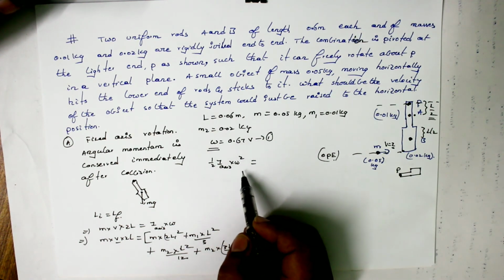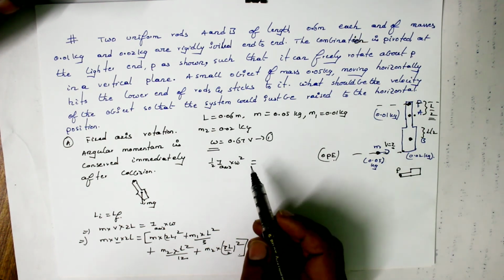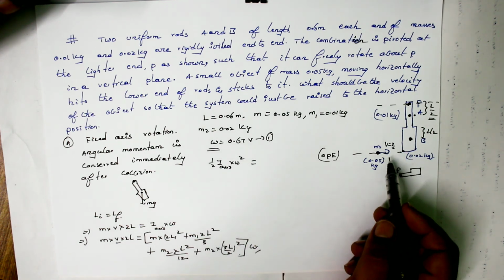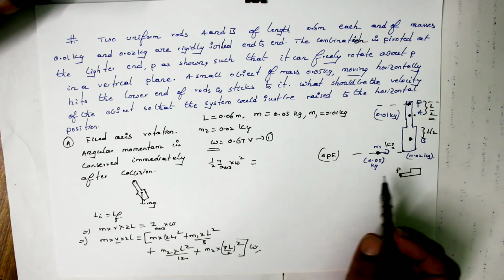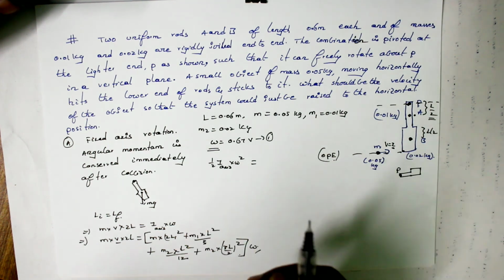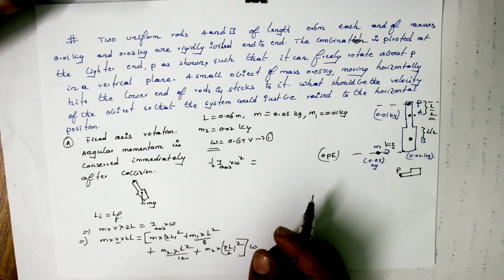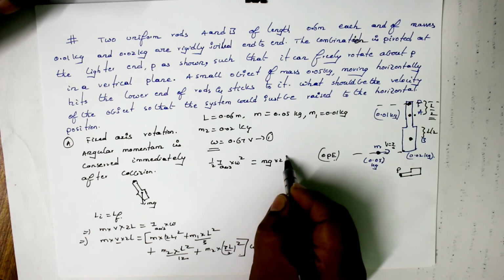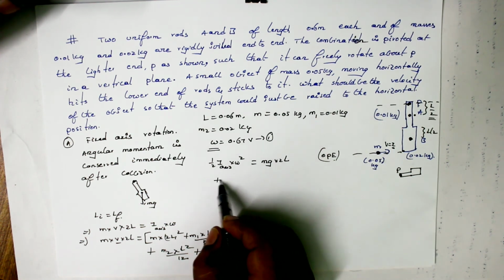So half I axis into omega square is equal to the sum of the potential energies of all these bodies. First, for the point mass, its height has raised by a distance of 2L, so its potential energy will be mg into 2L. Now what about the first rod?